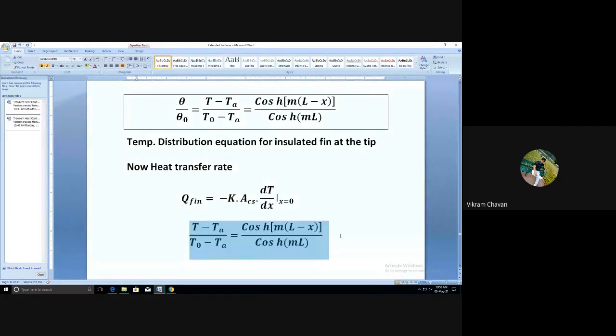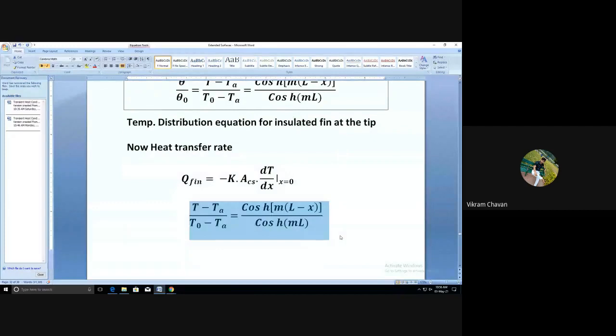Our temperature distribution equation is (T minus Ta) divided by (T naught minus Ta) equal to cos hyperbolic of m (L minus x) divided by cos hyperbolic of m multiplied by L.